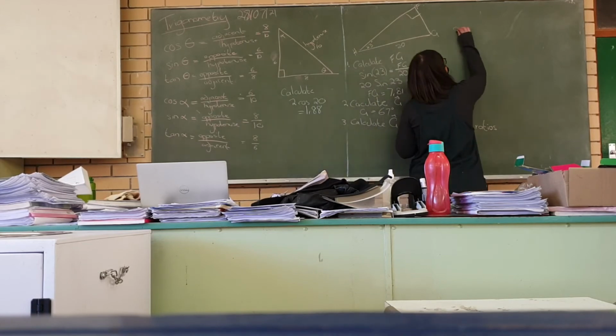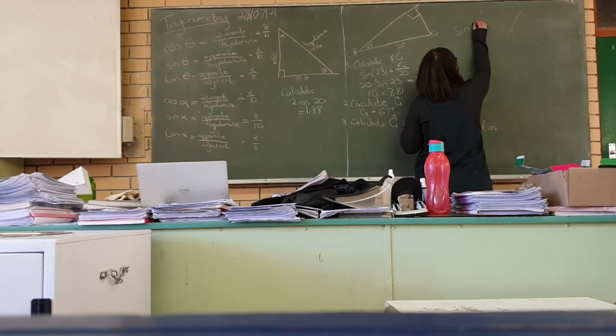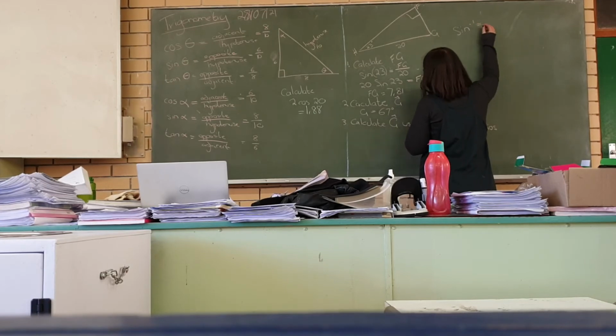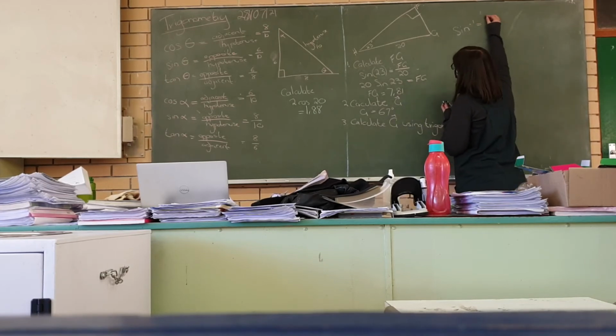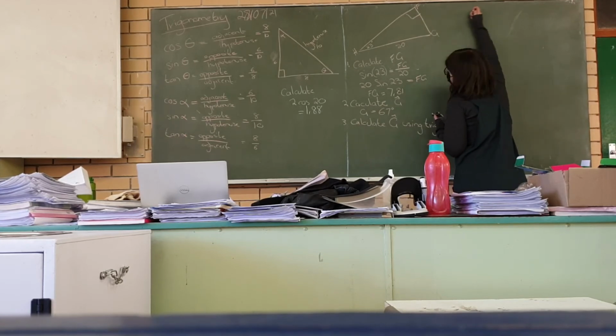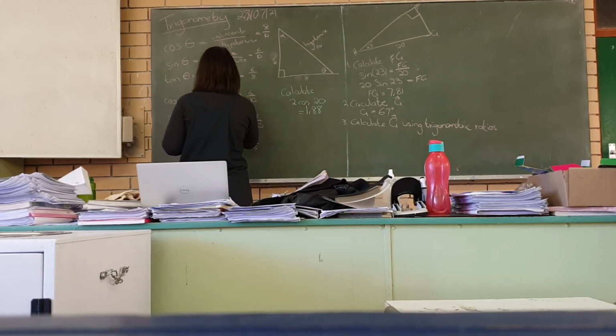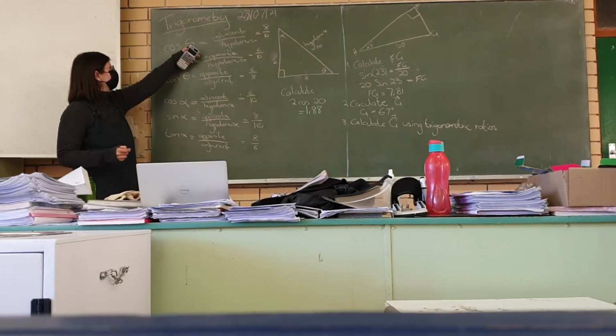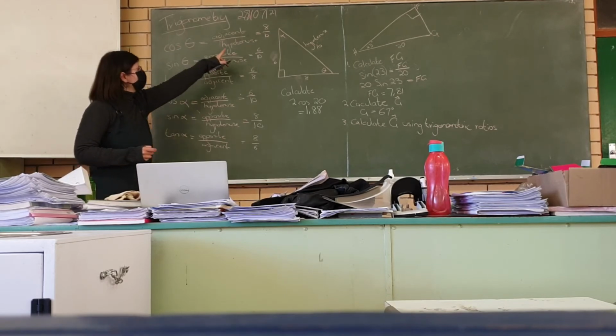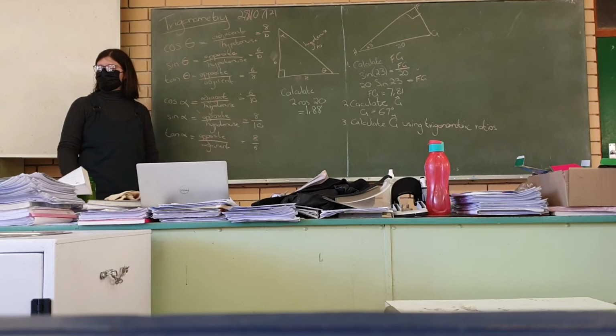I'll write on the board. So, if I want to calculate theta, I'll go cos⁻¹ of 8 over 10, and it'll give me the angle theta.